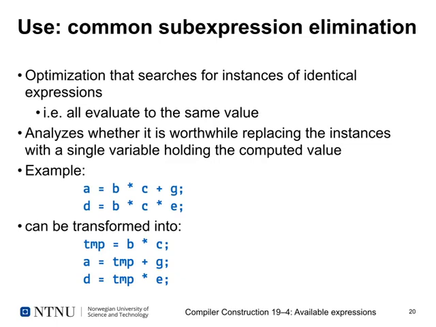For example, if we have a equals b times c plus g, and d equals b times c times e, we see b times c is calculated twice here. So maybe we could transform it to calculate b times c only once, store it in an intermediate variable, and then use this intermediate variable instead of the original expression to calculate a and d.